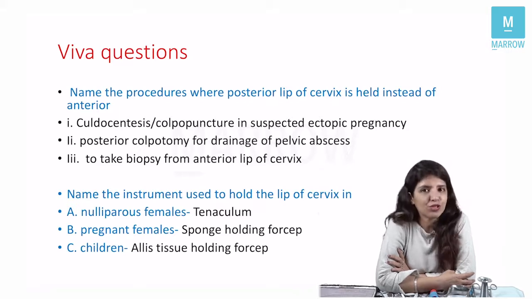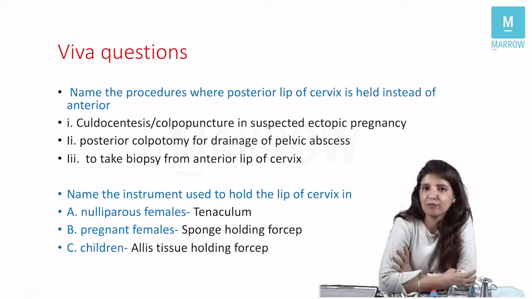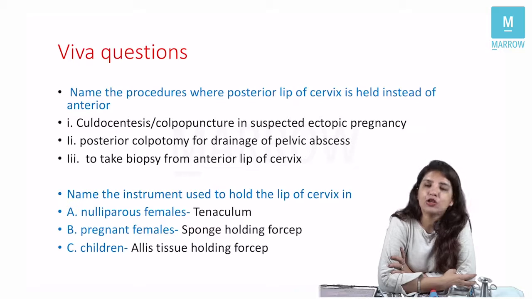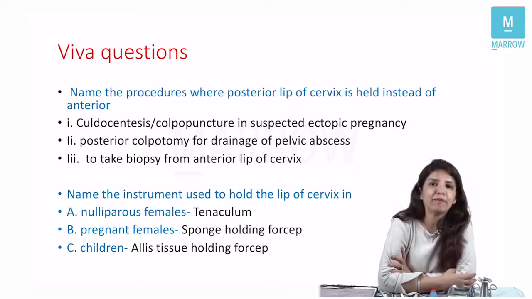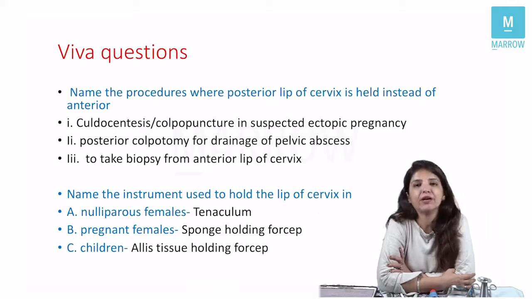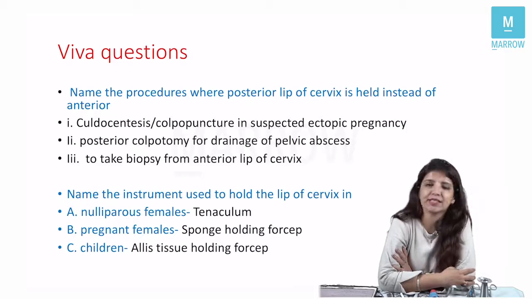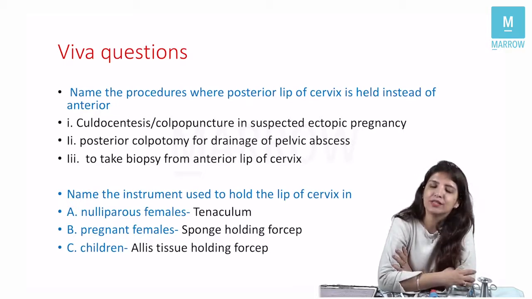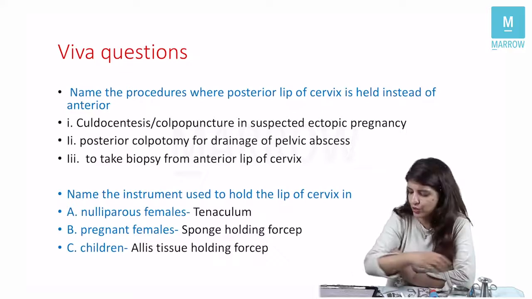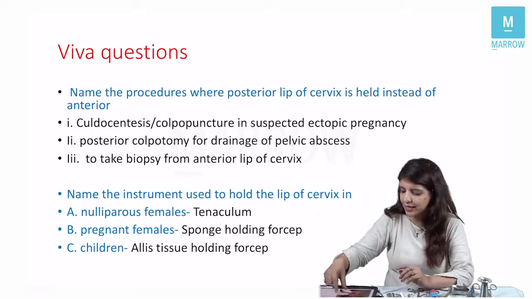Now, if you've understood this much, understand one more concept. If the female, the non-pregnant female whom you are examining is a nulliparous female, then her external os will be pinpoint. In that case, I am going to hold the lip of the cervix by using an instrument which will have a single tooth.